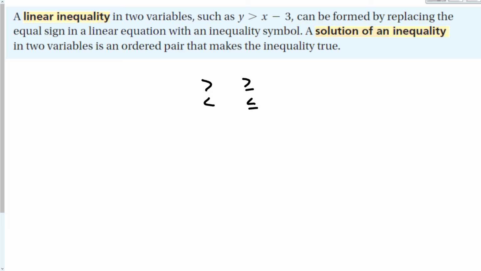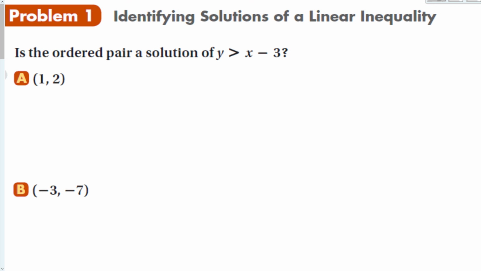A solution of an inequality in two variables is an ordered pair that makes the inequality true. So what does that mean? Let's see, is the ordered pair (1, 2) a solution of y is greater than x minus 3? Remember that 1 is the x coordinate, and 2 is the y coordinate.